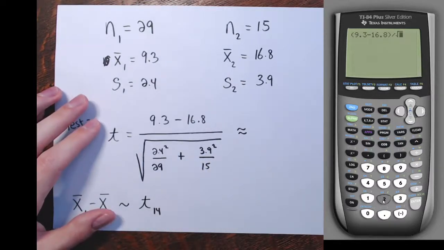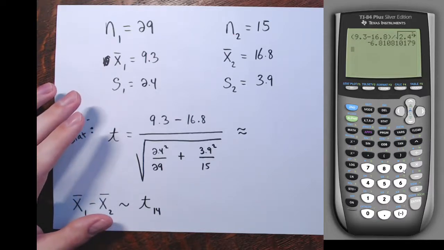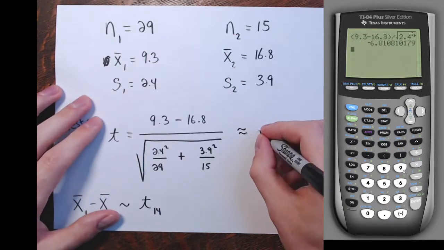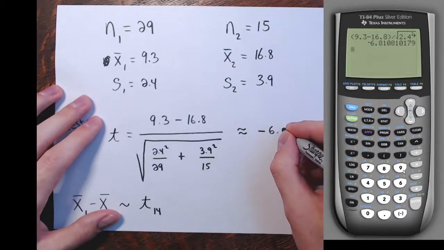So the square root of 2.4, that was s1 squared, divided by n1, 29, plus s2 squared, 3.9 squared, divided by n2, 15. And notice that that is again all inside the square root there. We're getting negative 6.81.